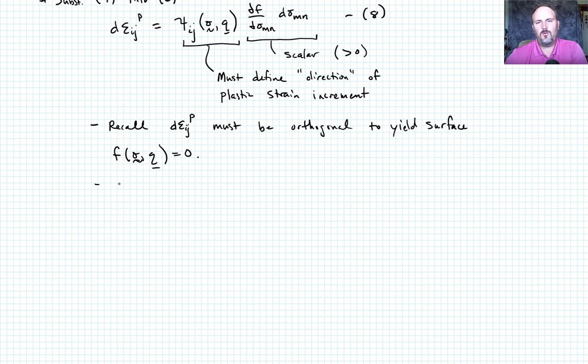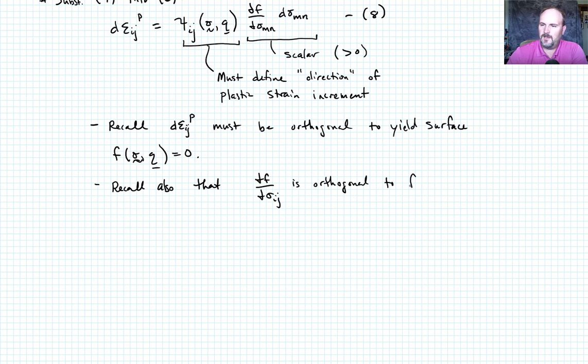How do we define a quantity that's orthogonal to the yield surface at any given point? Recall also that the partial of f with respect to sigma ij is orthogonal to f equals 0.